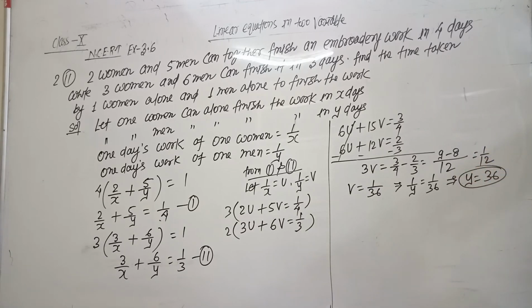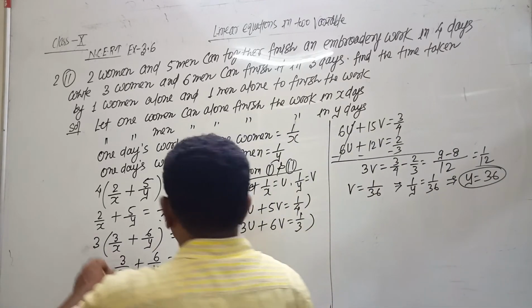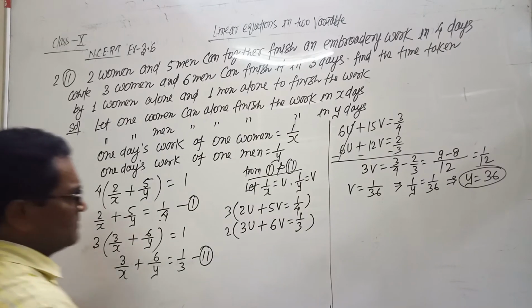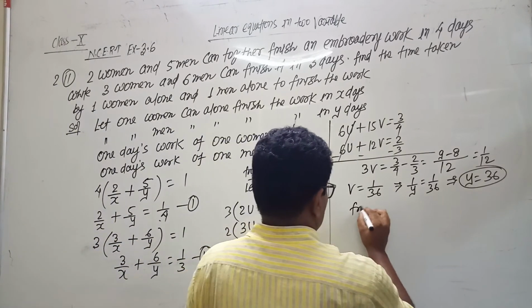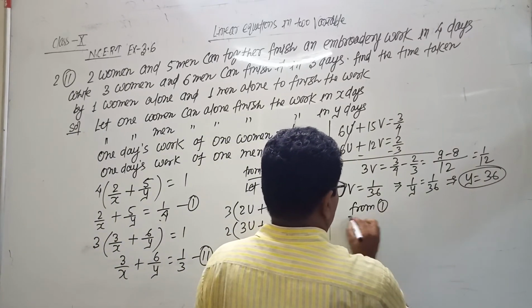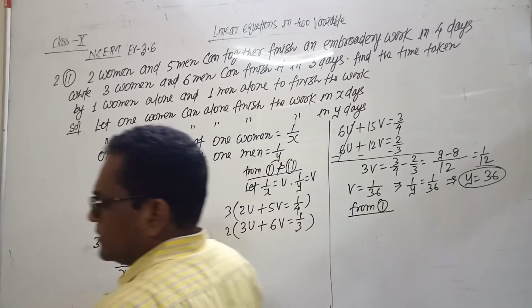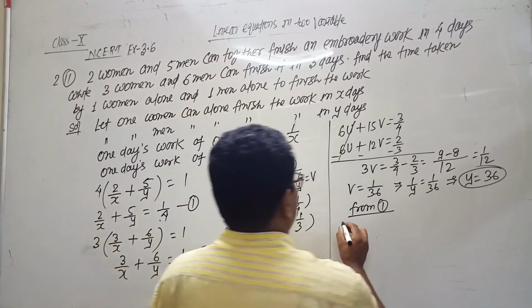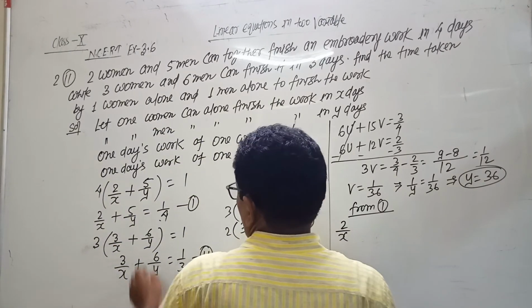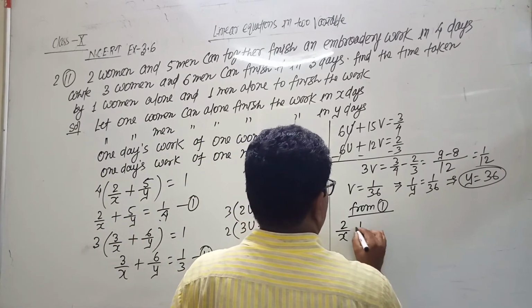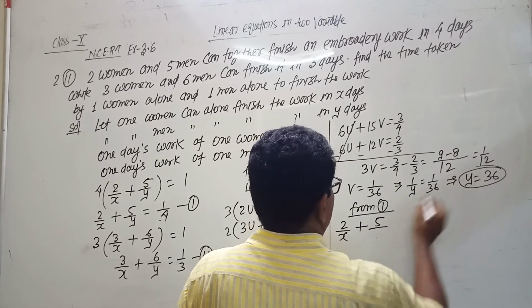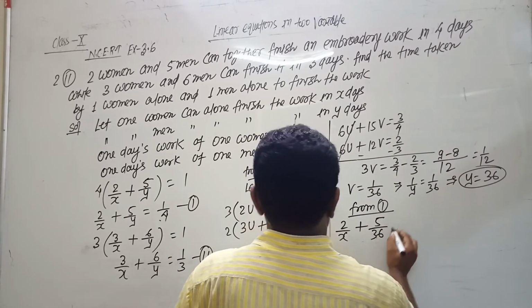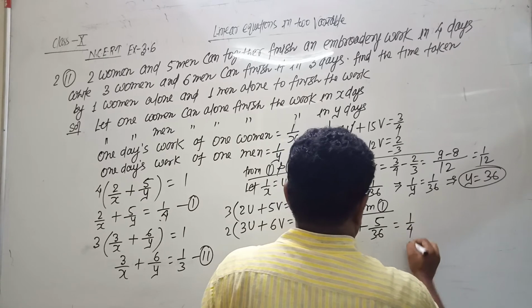Now directly we can put the value of y in first equation. So from equation number first, this is 2 by x plus 5 by y, and the value of y is 36, and this is equals to 1 by 4.